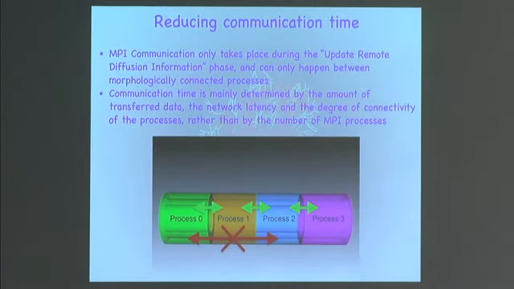Now, for communication time, I'll come back in a minute to how we do this for more complex meshes, but initially it's a very simple mesh. So if you partition things efficiently, you're only going to have local communication, with neighboring processes and no distant communication, and that really helps a lot.